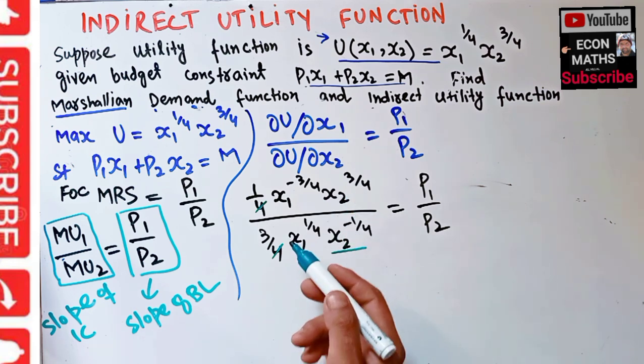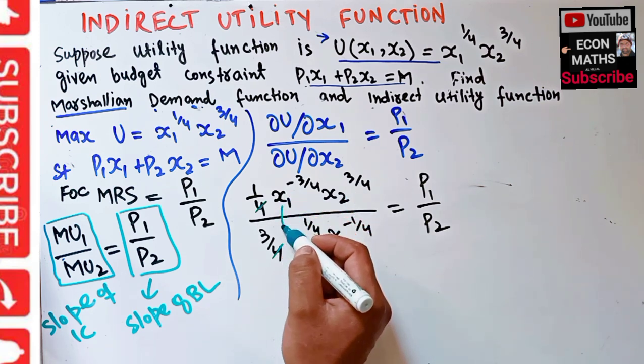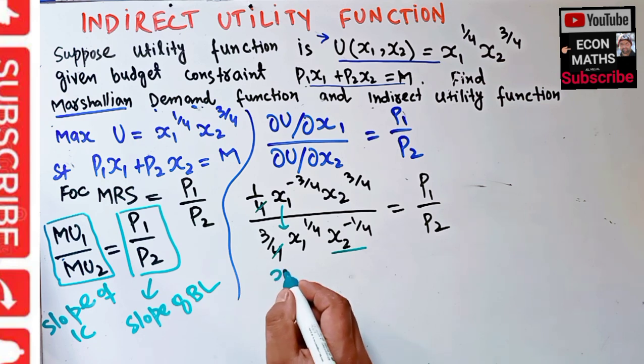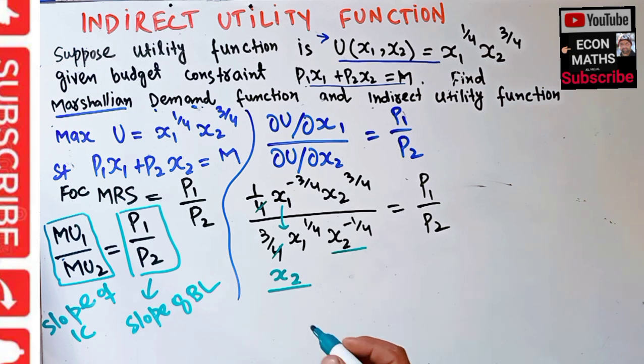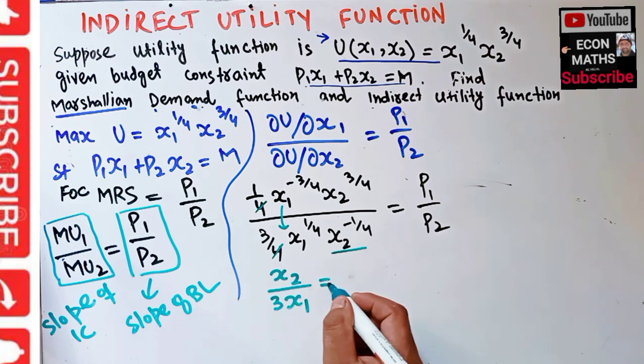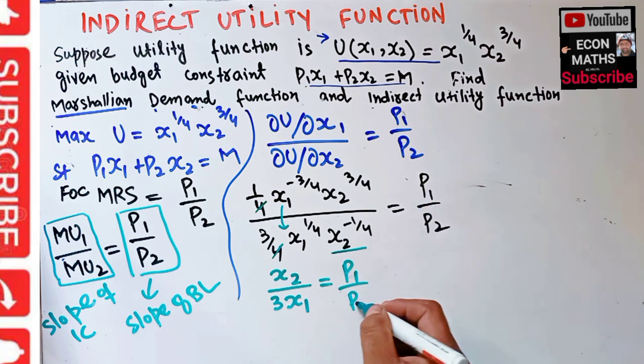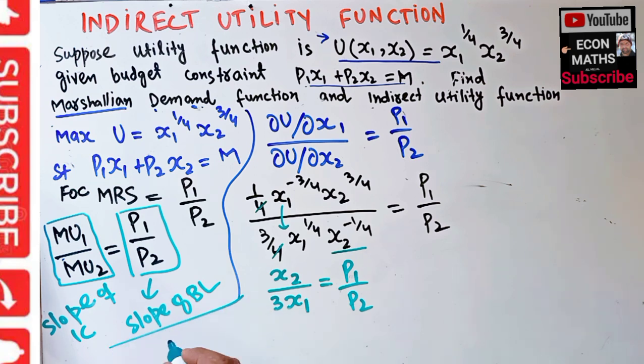Similarly, transposing x1, we will get x1 in the denominator. So we will have x2 divided by 3x1 is equal to p1 upon p2, which means x2 will be equal to 3x1 p1 divided by p2.